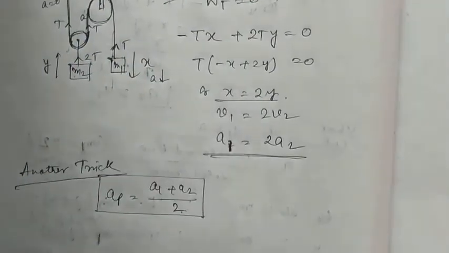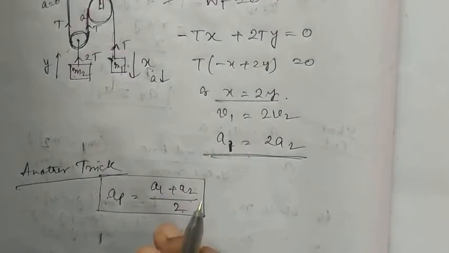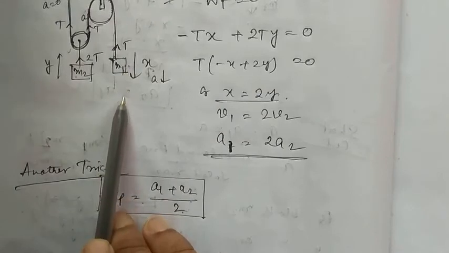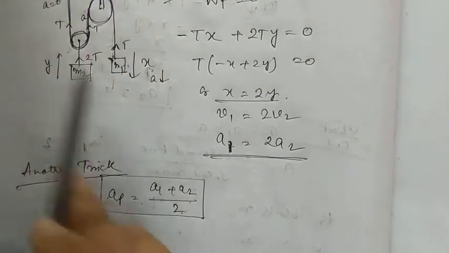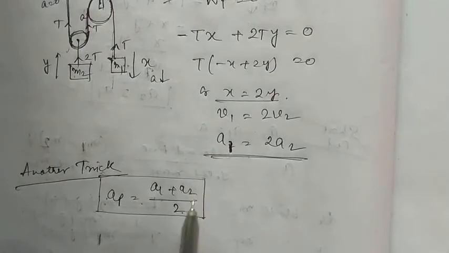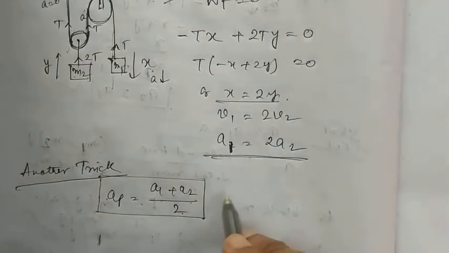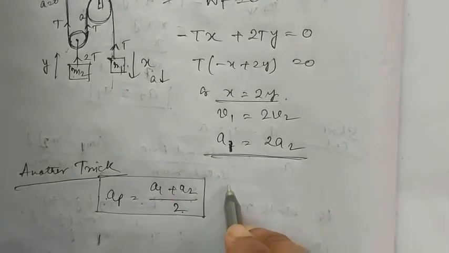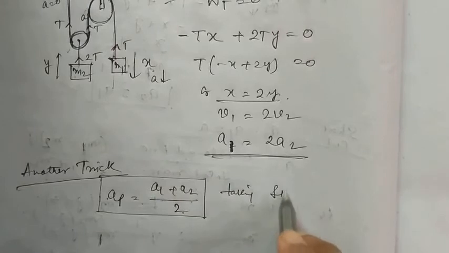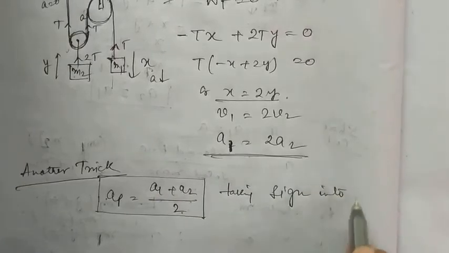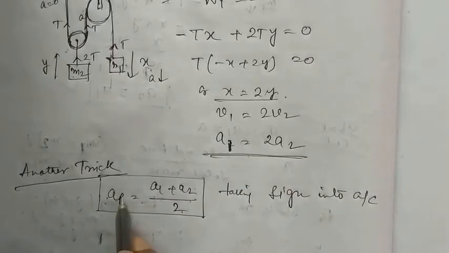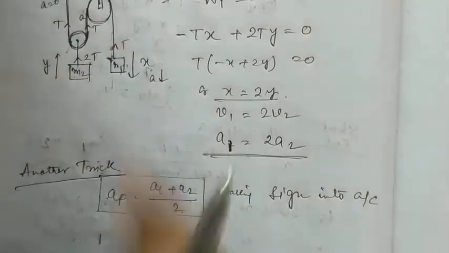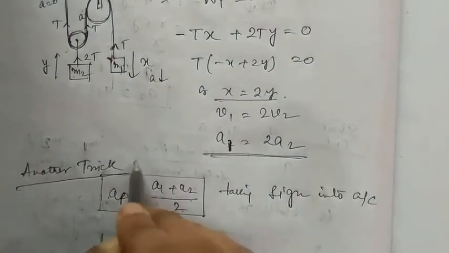So if we write taking the positive direction as the upward direction, if this block moves downwards, we can understand this pulley will move upward. Now we have to carefully keep in mind one thing, that this formula is sign dependent. That means taking sign into account: the upward direction as positive and downward direction as negative. So this is the formula for the movable pulley.